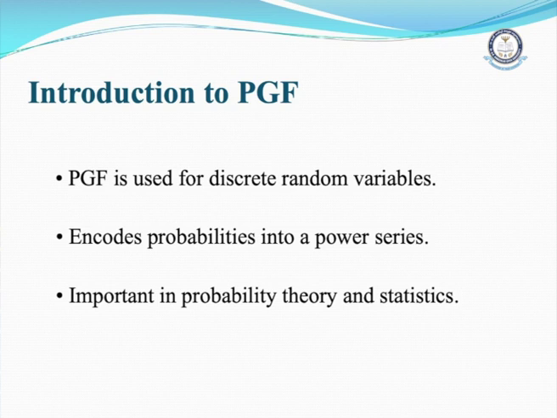Why a power series? The formula is Px of s equal to expected value of s power x, which shows the power. That is why the probability is put into a power series, and it is important in probability theory and statistics.